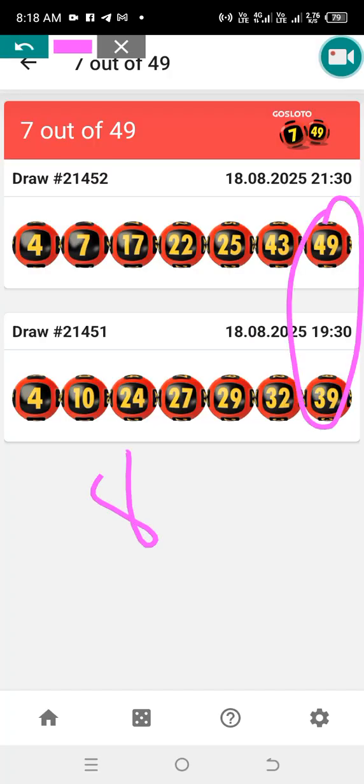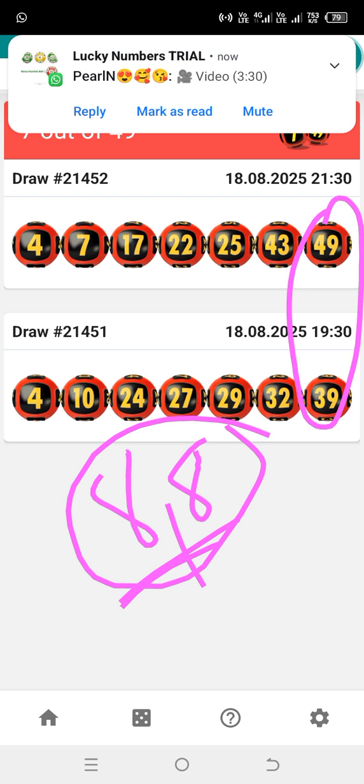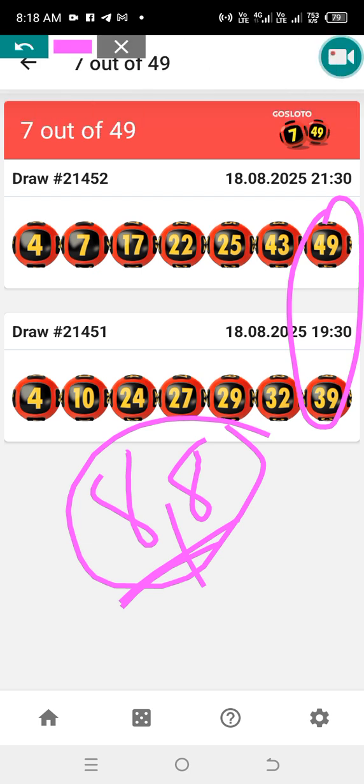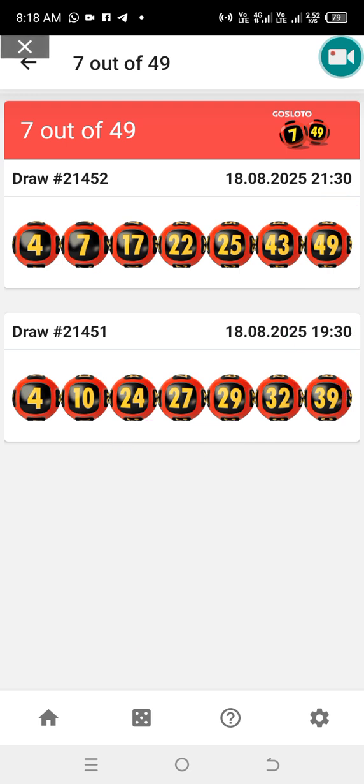This is gonna be 88. So we have 8 here. So the small number is 8. So we have 8, we have 16 or 13, we have 2, we have 20 or 40, we have other numbers. I'm sure you remember. So that is also the strategy to look for the numbers on this Gosloto.